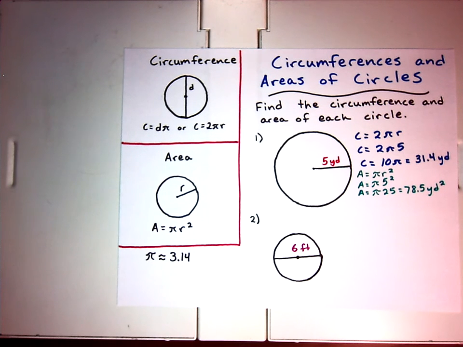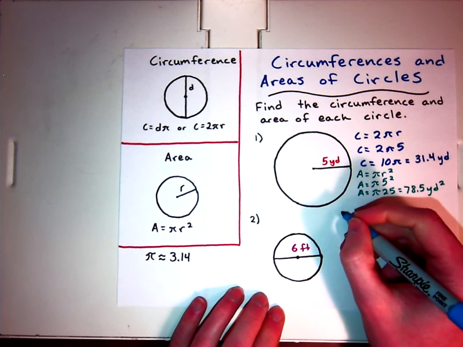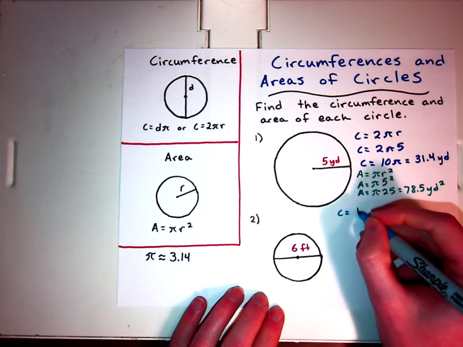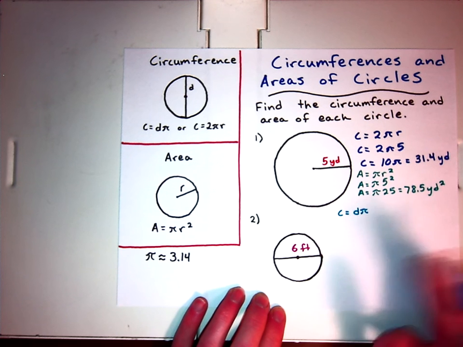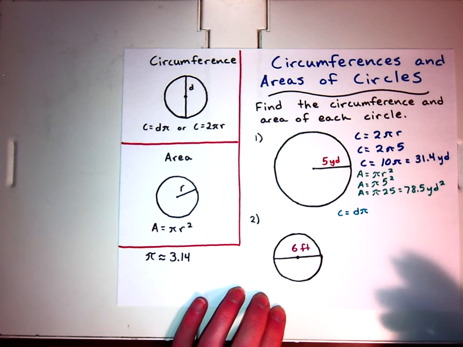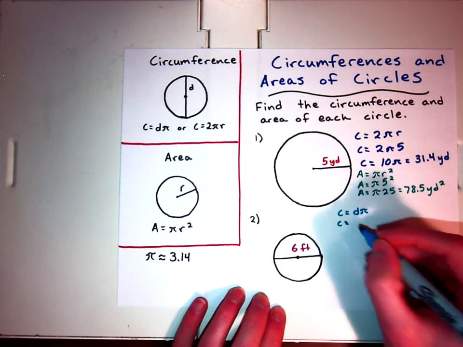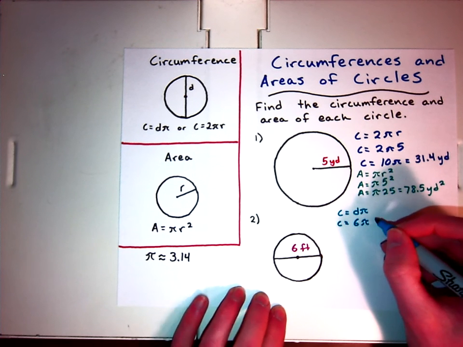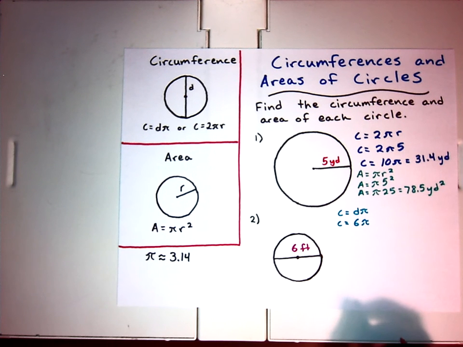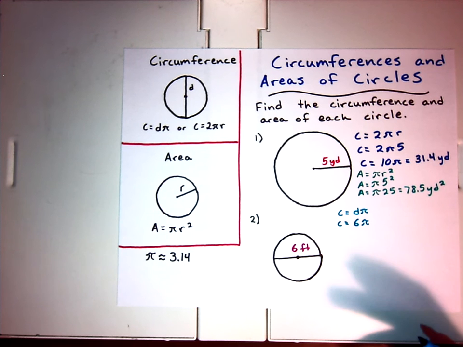Moving on to this shape, this one we are given the diameter. So when I do C equals, I'm going to do D times pi, because I know the diameter. I don't need to do 2 pi r because I'm not given the radius. So C equals 6 pi. Some teachers, you may just leave it as 6 pi feet.